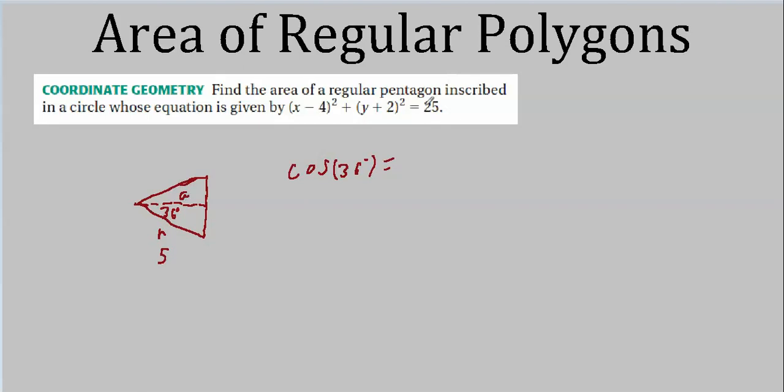That's the radius. So we just get that A equals 5 times the cosine of 36 degrees.